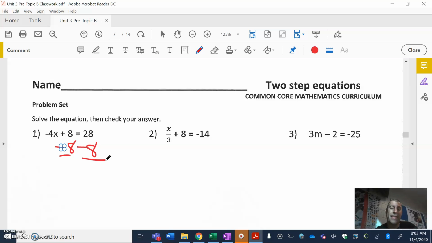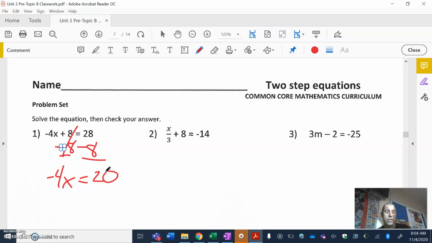It'll always happen, and that's why we're okay with it. If you visually like to cross them out, because the positive 8 and the negative 8 combine to give you 0, the opposites, the inverses. All you have is a negative 4x. There's no need to cross them out, but if visually that helps you, by all means. 28 minus 8, hello, 20.